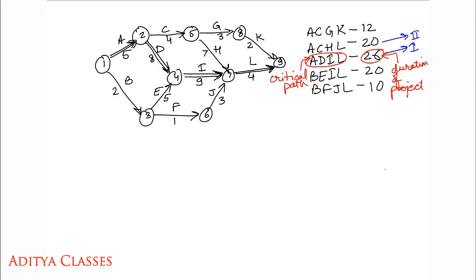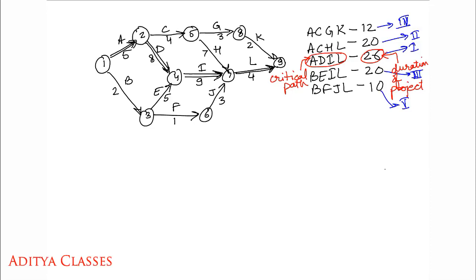Second and third you could go with either one because they both have the same duration. Fourth I will go with this path, third I will take, let's say, this one, and last will be this path. So it's just a priority list, an order in which we should make the forward and backward passes.